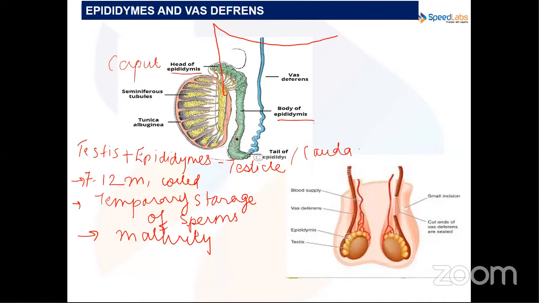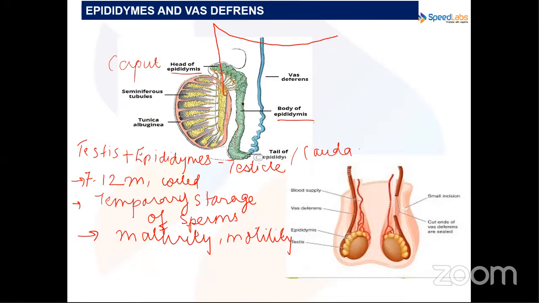So this epididymis is a place where the sperms are temporarily stored and they attain maturity and motility, also the ability to swim. They are not so active; they're just moved on. While they are inside the epididymis, their nature changes.